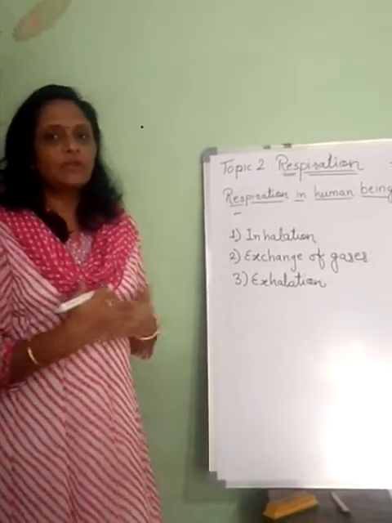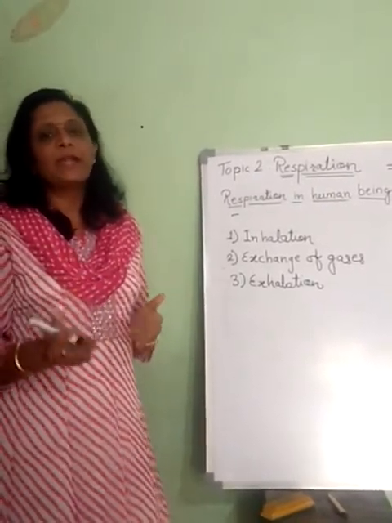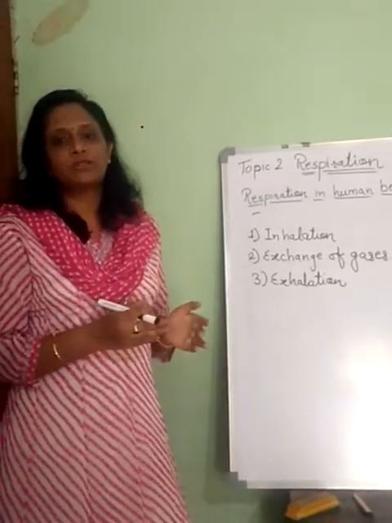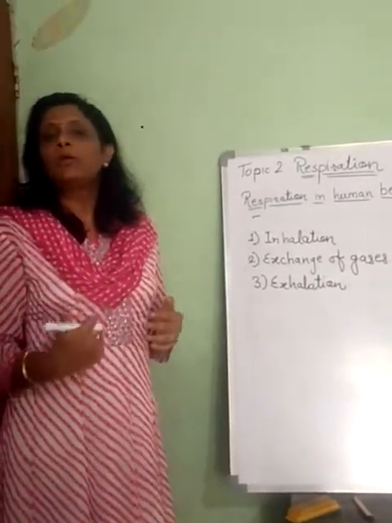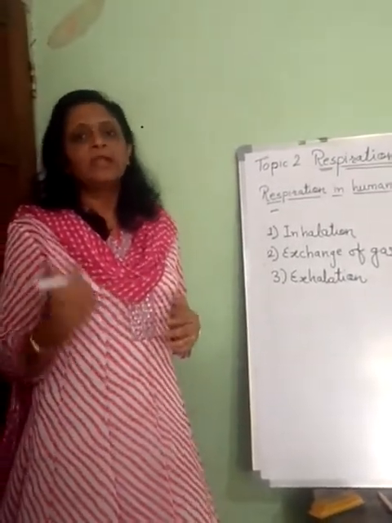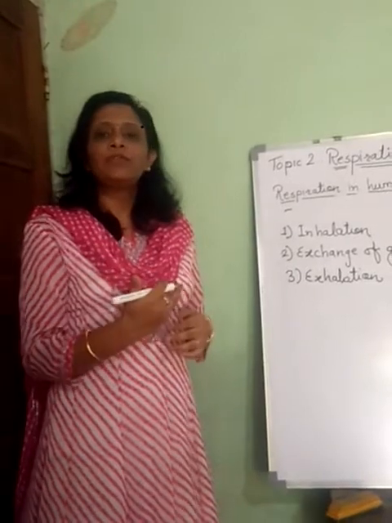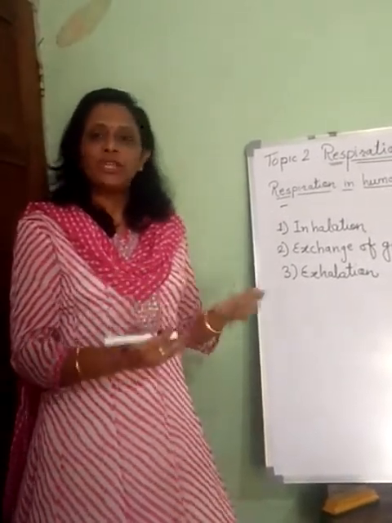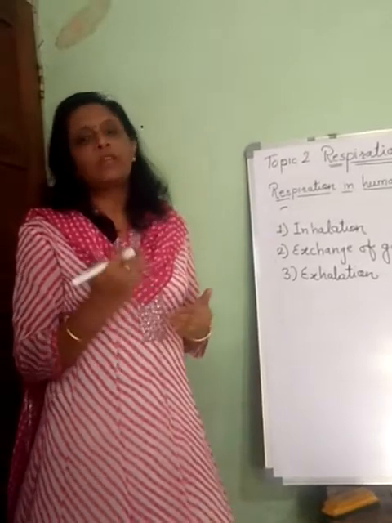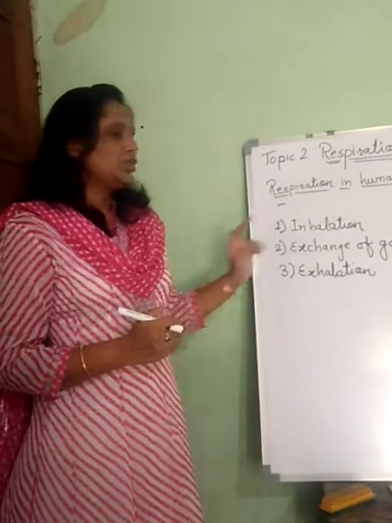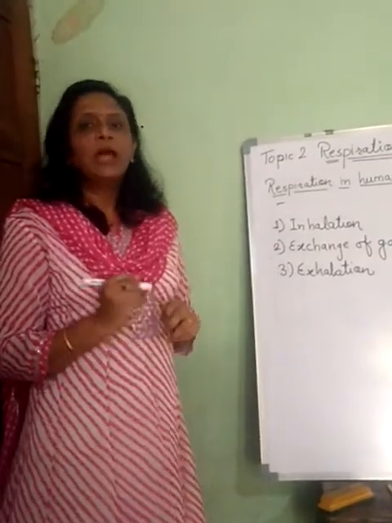As blood has hemoglobin in it, which has a high affinity towards oxygen, more and more oxygen is absorbed in the blood, and carbon dioxide is given to the alveoli. So this exchange takes place with the help of the respiratory pigment called hemoglobin, and the exchange of gases takes place in the lungs.